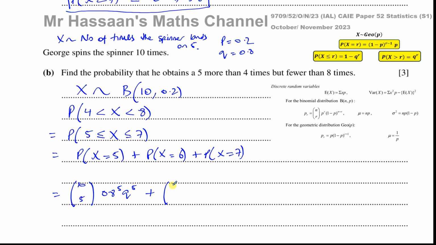And then for 6, you're going to have 10C6, 0.2 to the power of 6 times 0.8 to the power of 4. They have to add up to 10, so add up to 10 always. Plus, the last one will be 10C7, 0.2 to the power of 7 times 0.8 to the power of 3. That will give us the answer that we're looking for.